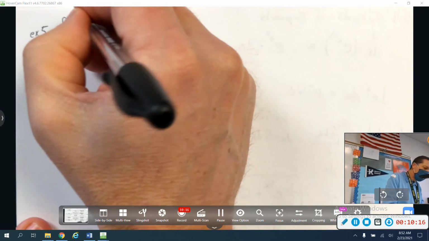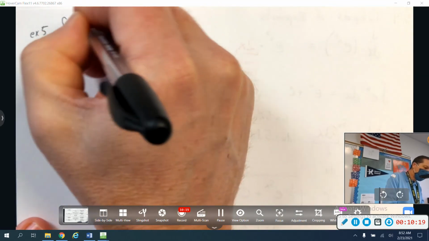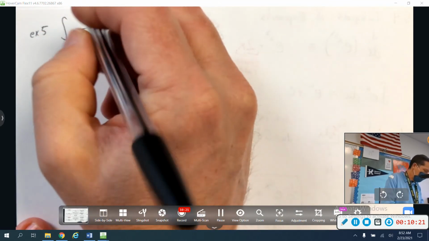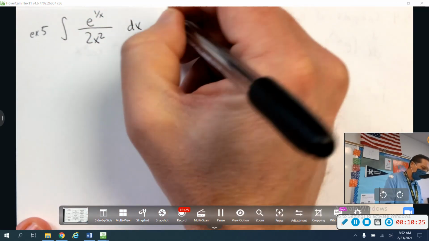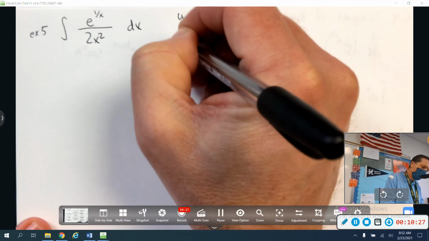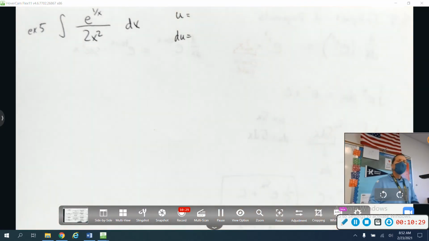Antiderivative, e to the 1 over x over 2x squared dx. Thoughts on u substitution?